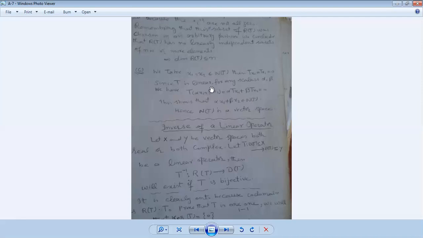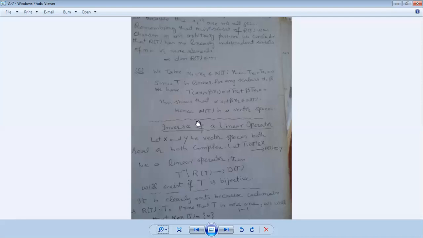Because the domain of T is a vector space, this is an element of the domain of T whose image is 0, so this element must belong to the null space of T by the definition of null space of T. And this holds because x1, x2 are arbitrary elements of the null space of T and alpha, beta are any scalars.